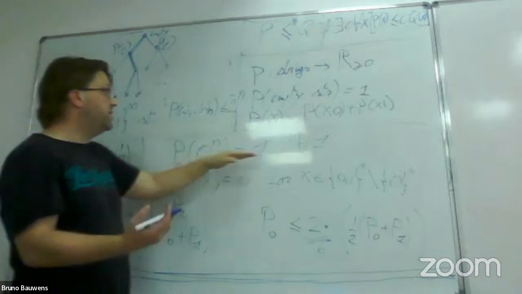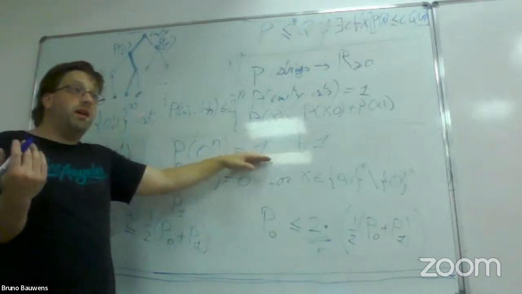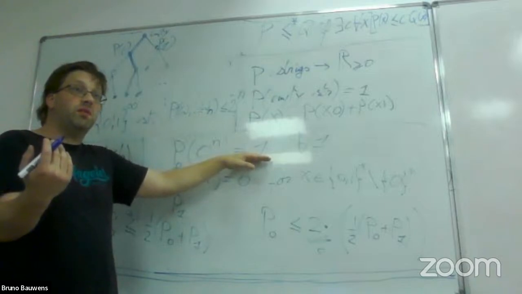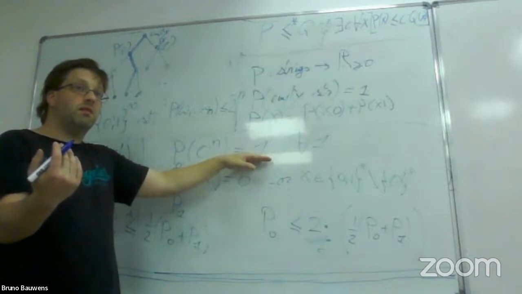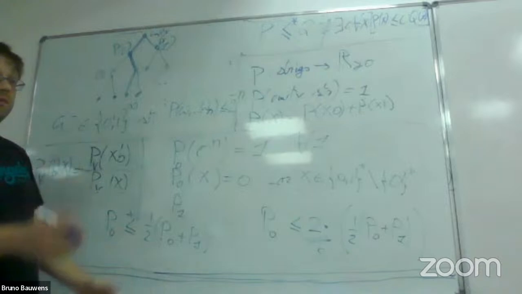Then the deterministic measure is exponentially larger than your measure. And so we find the contradiction.